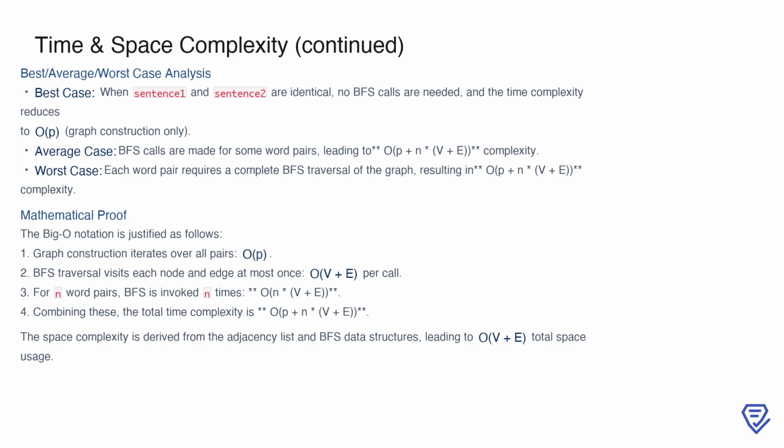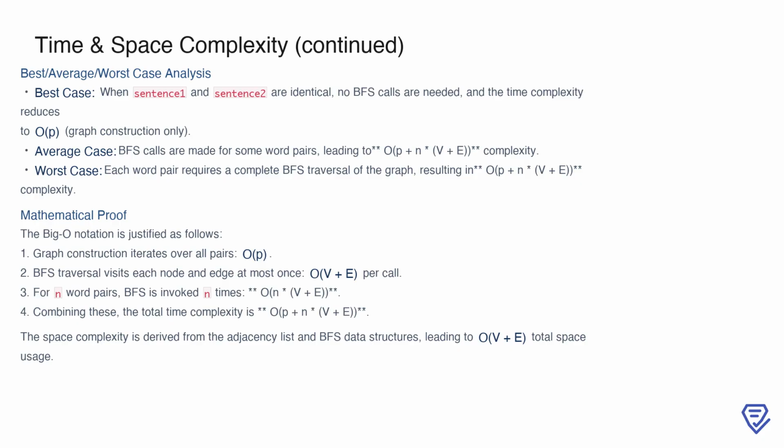In the average case, some word pairs require BFS calls, leading to a time complexity of P plus n * (V plus E). The worst case occurs when every word pair requires a full BFS traversal of the graph, resulting again in O(P plus N * (V plus E)). To justify the big O notation mathematically, we note that graph construction involves iterating over all pairs, which is O(P).